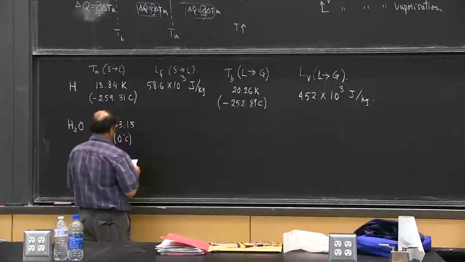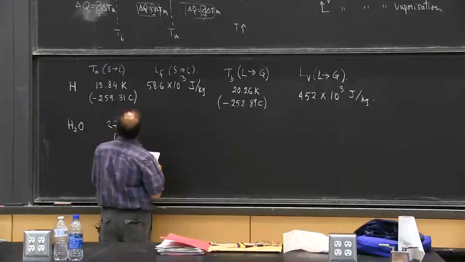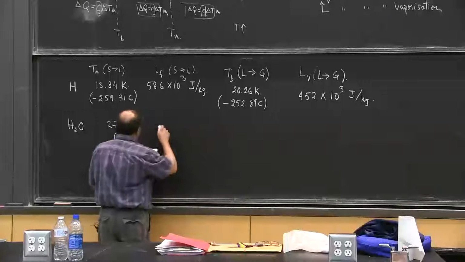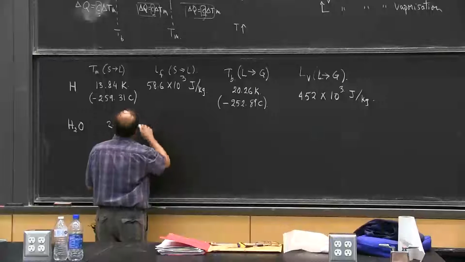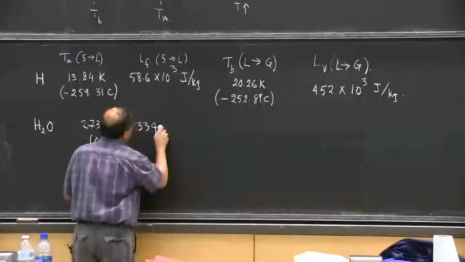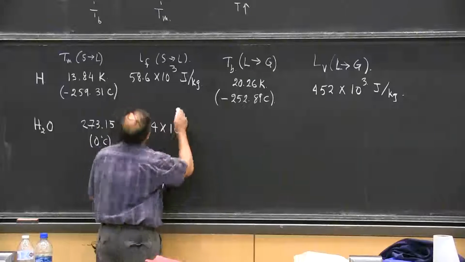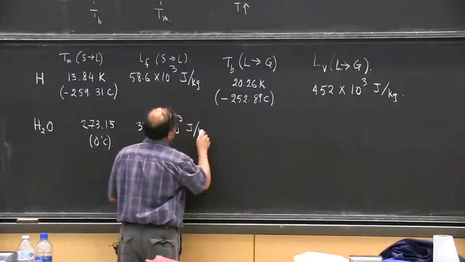So this is, of course, our normal 0 degrees Celsius temperature, where it becomes solid. For latent heat of fusion, to melt it, this is the amount of energy you need, 334 times 10 to the 3 joules per kilogram.